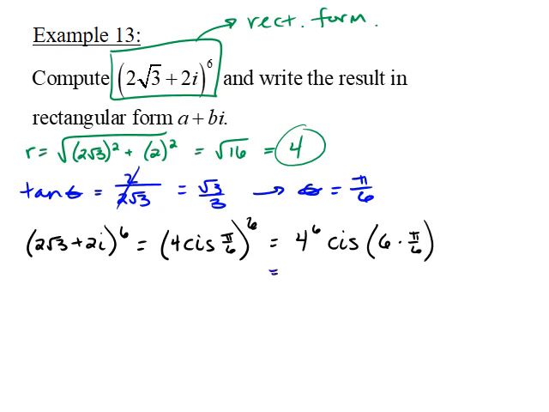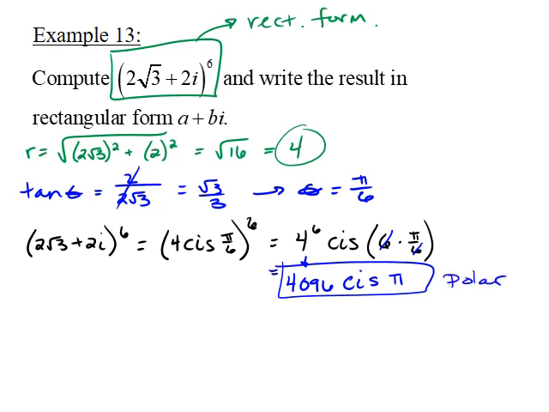4 to the 6th is a big number. It is, I believe, 4,096. The 6's cancel, so cis pi. This is the result in polar form, but we want rectangular form. So you need to evaluate cosine of pi and sine of pi, which is -1 and 0 respectively.